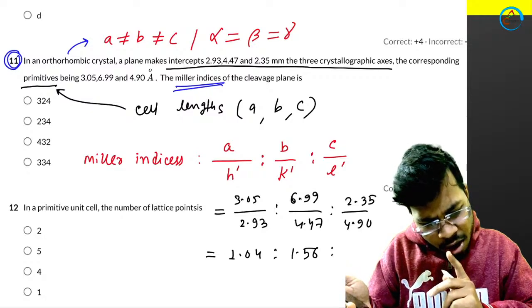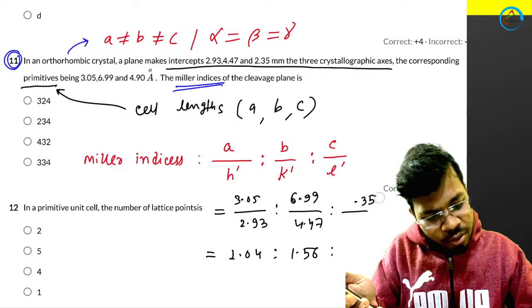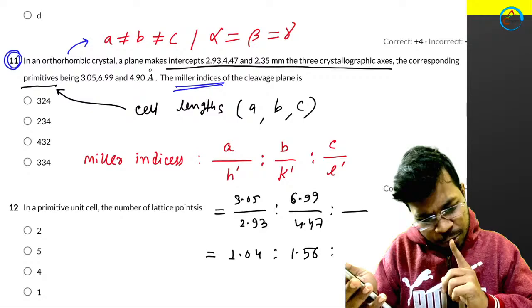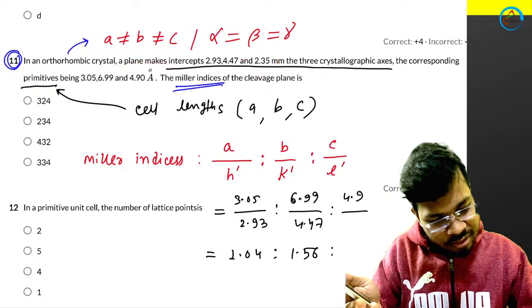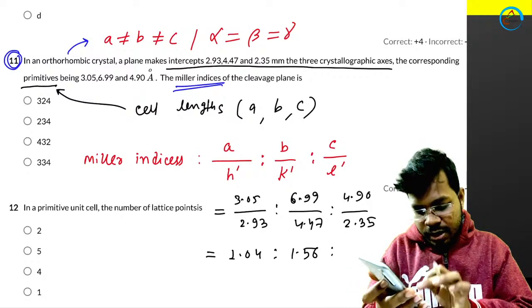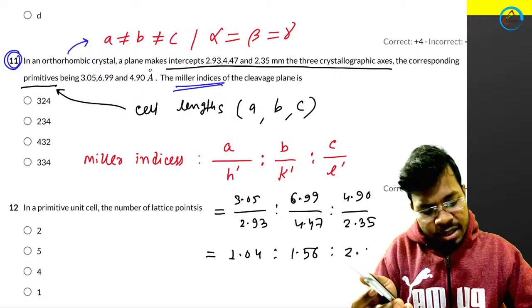Anything wrong? Okay, I'm sorry guys, I actually wrote it opposite. This divided by this, I have to write 4.90 divided by 2.35, sorry. So now put it, 4.9 divided by 2.35, it gives you 2.08.